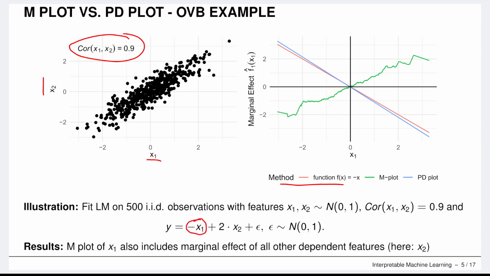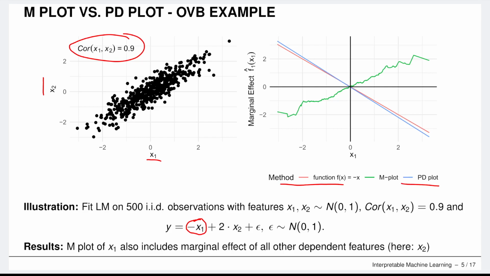So estimating the marginal effect of our loss-optimal model here, we would expect a linear line with slope -1. Since we don't have any interactions here, the partial dependence plot won't suffer from an extrapolation issue and will do a good job: the blue line matches the red line pretty well.